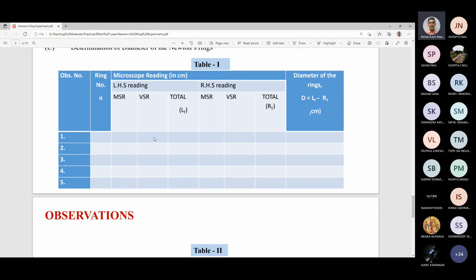The total number of counts in the vernier scale multiplied by the vernier constant is the vernier scale reading, then the total reading, and you take the difference. That is the diameter of the particular ring, for rings 2, 3, 4, 5, 6 like this.